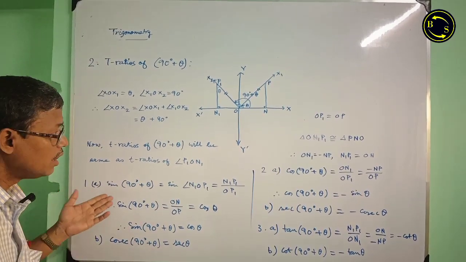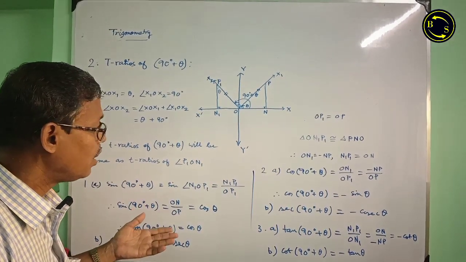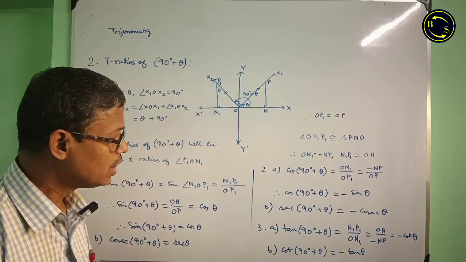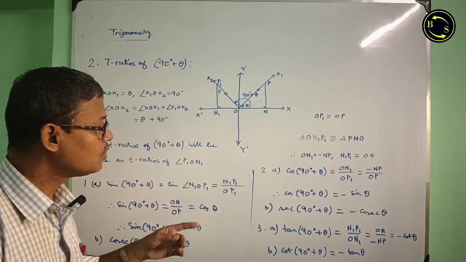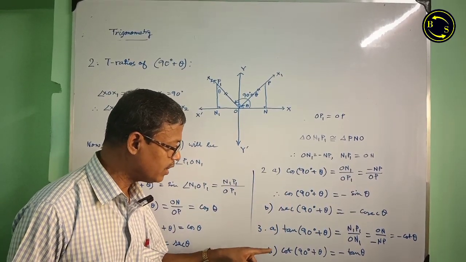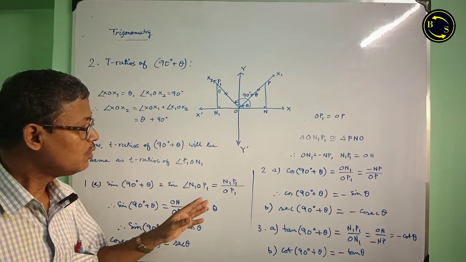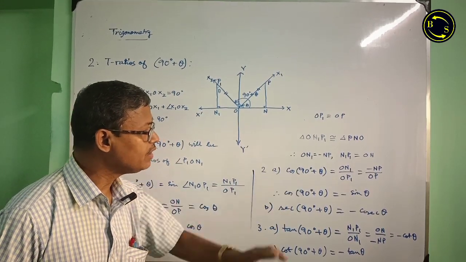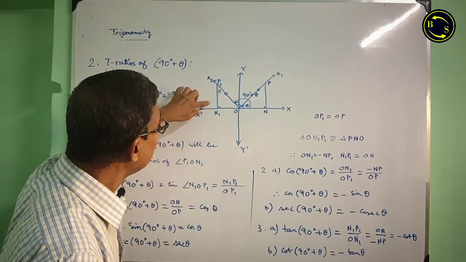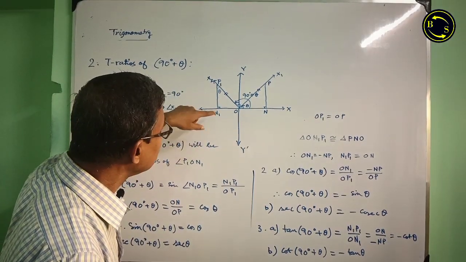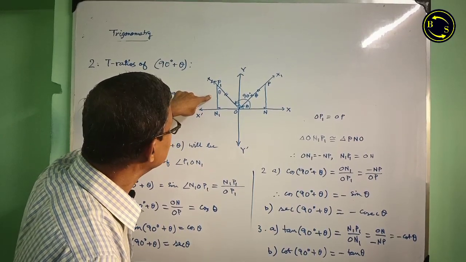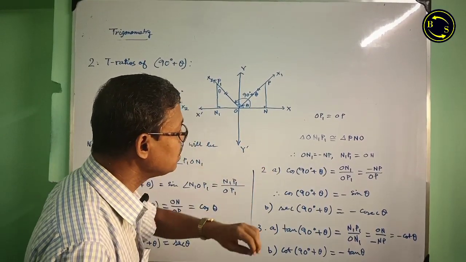actually, earlier I found tan ratio first. Serially, we have to find cos ratio, then sec, then tan and cot. Now, cosine of 90 degree plus theta, that will be equal to base ON1 by hypotenuse OP1.